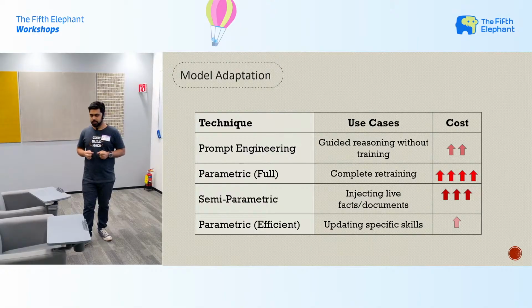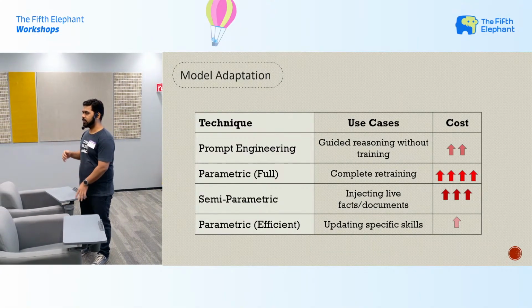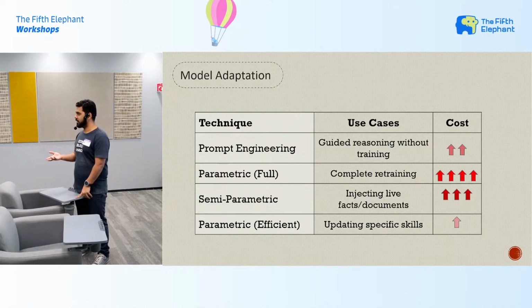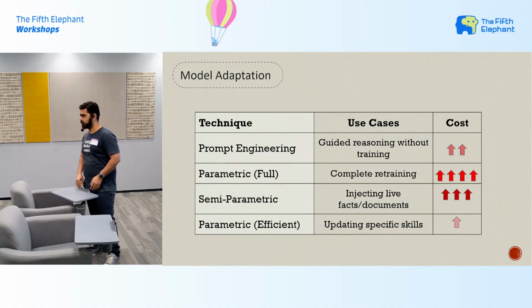Semi-parametric is again something like RAG architectures or connecting tools and MCPs. So you're giving real-time data so that it can have better results. So the question like I asked, let's say how much bank balance do you have, if that is the ground to do some analysis and do investments for you. If the earlier model did not have that information, you can connect it to your banking systems via tools, etc. So the results are also better.